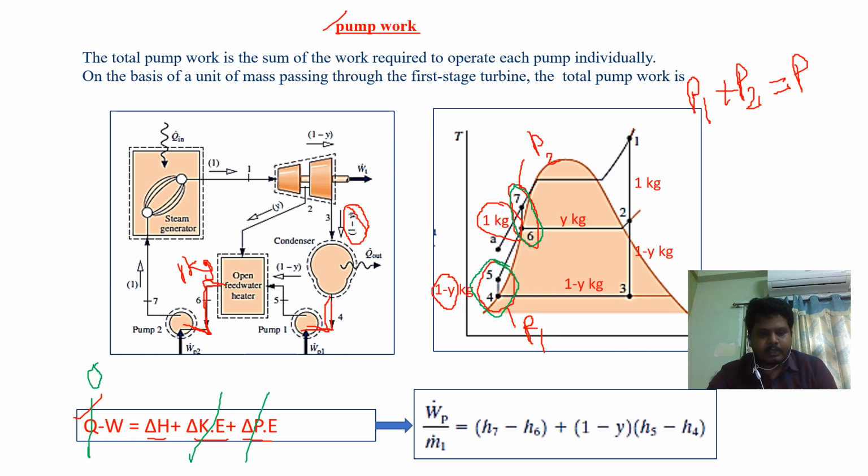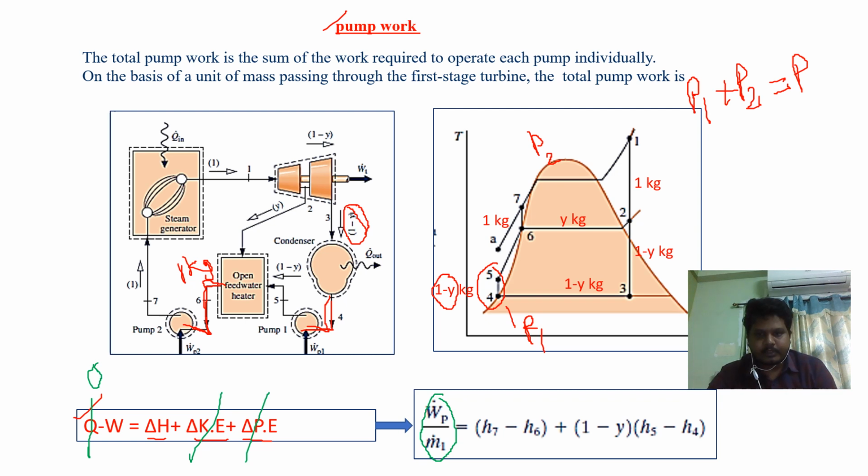The remaining terms are W equals delta H. So we can write the work input to the pump per unit mass as, in the process 4 to 5, and in the process 6 to 7.